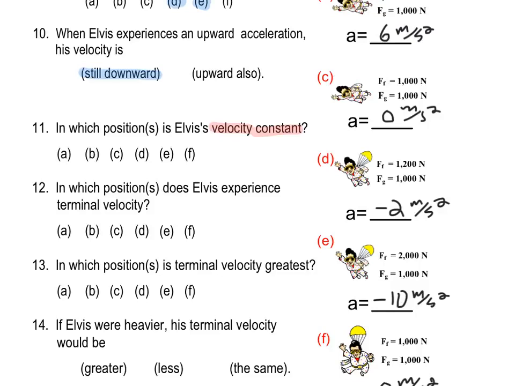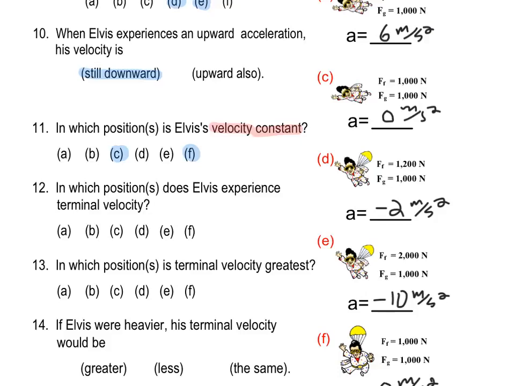So that's a very important distinction. If you ever see velocity constant or constant velocity, you have to immediately think of an object at rest staying at rest, or an object in motion staying in motion with no net force. So for Elvis, this happens at position C and position F, where you have an acceleration of 0 meters per second squared.